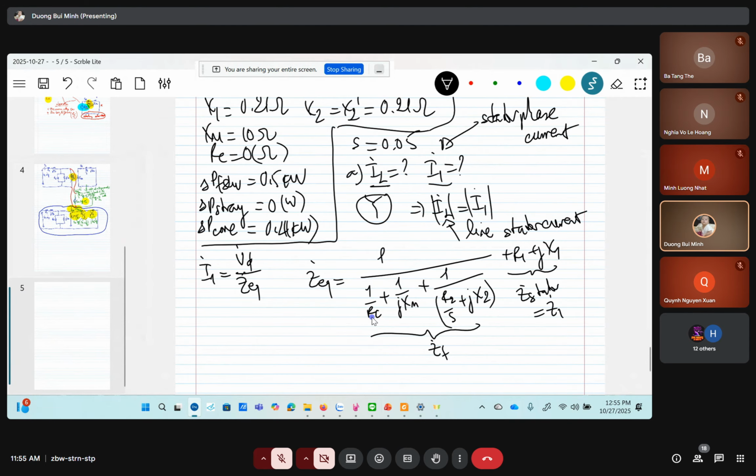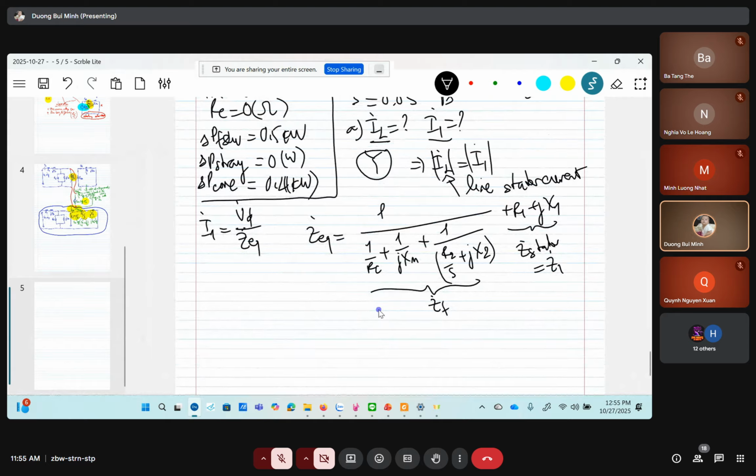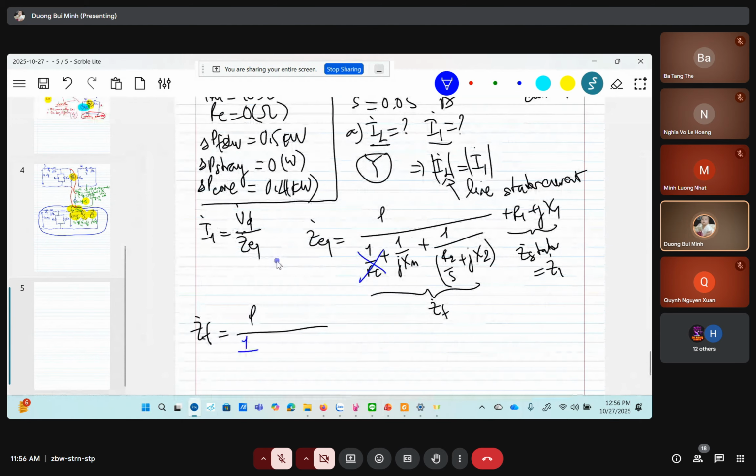So please help me to calculate Z_F. We don't have R_C, so skip it. We have 1 over X_M, X_M is 10, so minus j10, because dividing by j means times minus j.